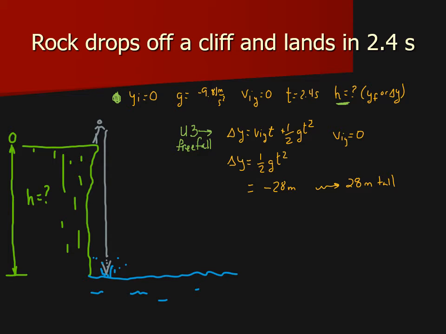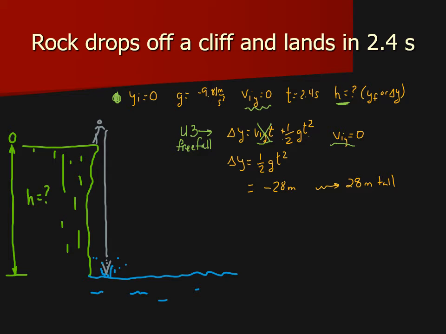The change in height, delta y, equals the initial velocity in the y direction multiplied by the time, plus 1/2 gravity multiplied by the time squared. It turns out that the initial velocity in the y direction is 0, so we do not need that part of the expression, and that's what this is saying over here as well.